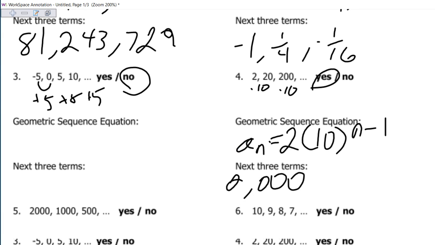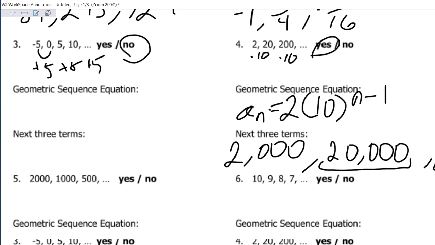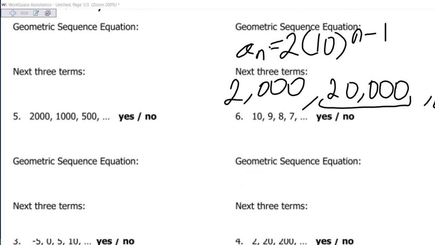Then 20,000. And then 200,000. Each time I'm just multiplying by 10, and all I have to do is tack on an extra 0. Makes it really simple, so you don't have to use the calculator. Pretty nice. Cool trick to know.